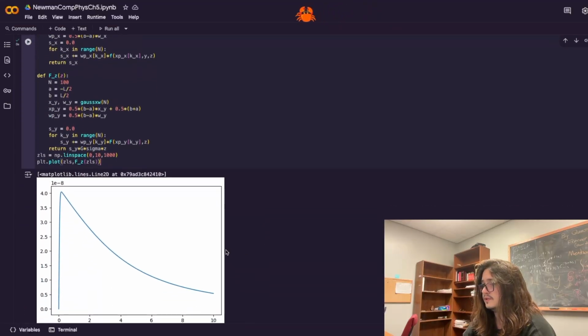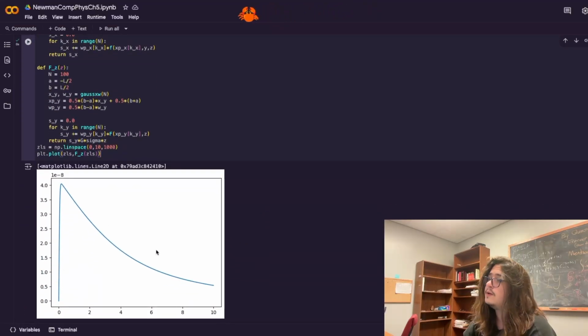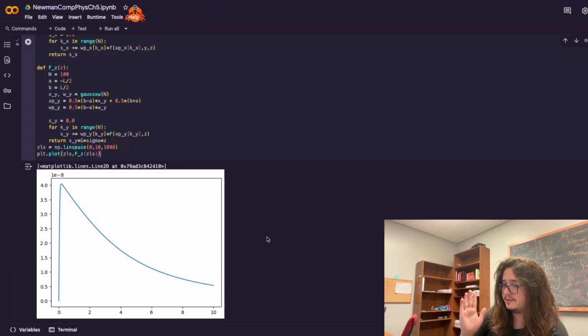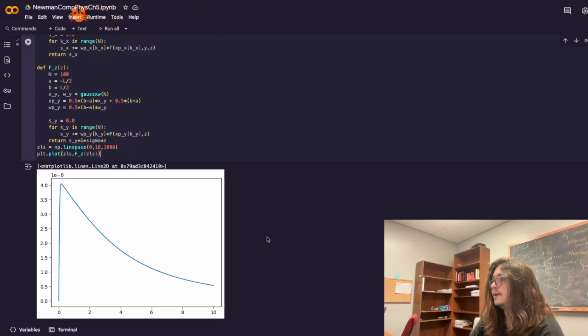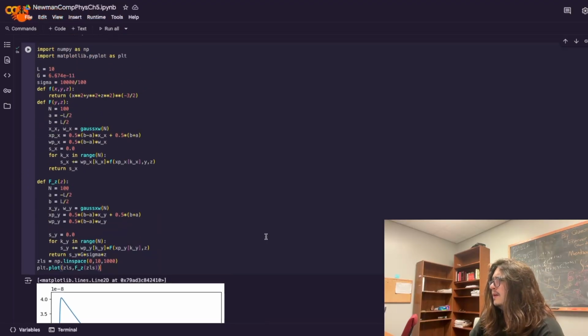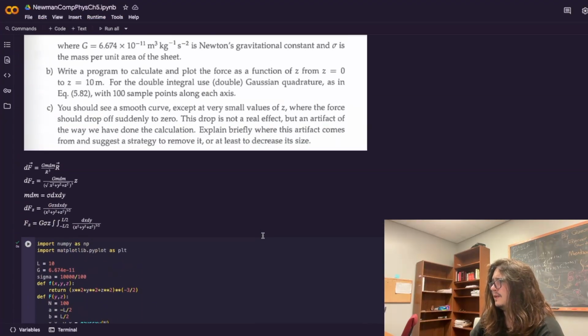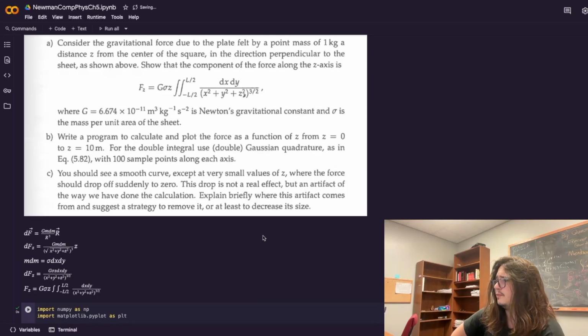The weird thing is that it sharply decreases to 0 whenever you get so close that you're touching it, which is a weird thing to think about physically, and it's probably not commensurate with physical theory.